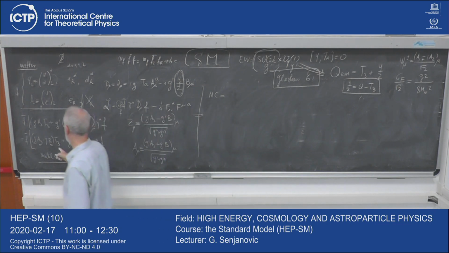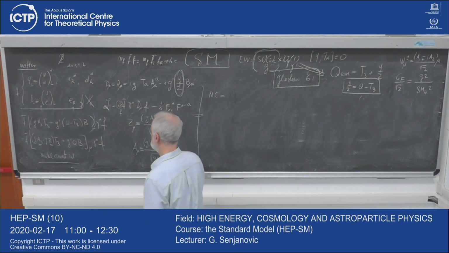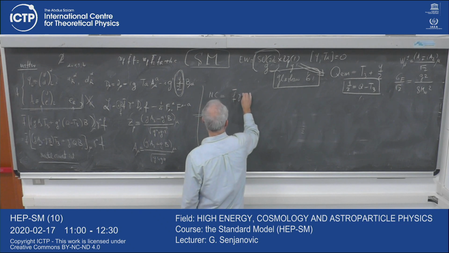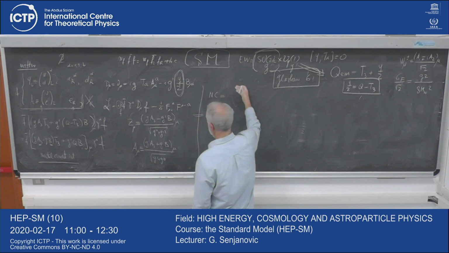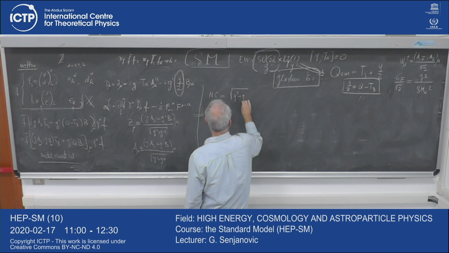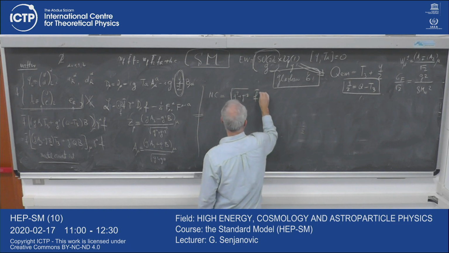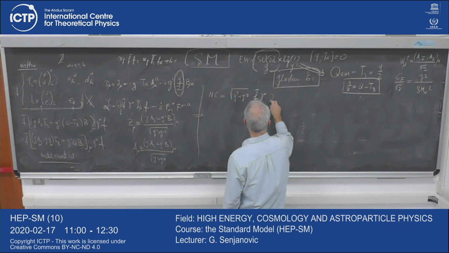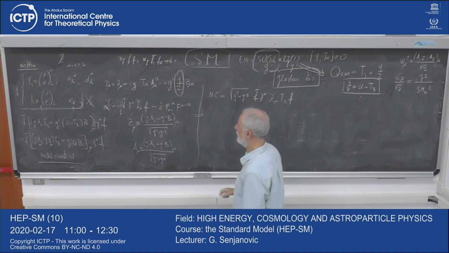Okay, so this piece is the Z. F bar gamma mu. There will be a square root of G squared plus G prime squared F bar gamma mu Z mu T3 F, the first piece.